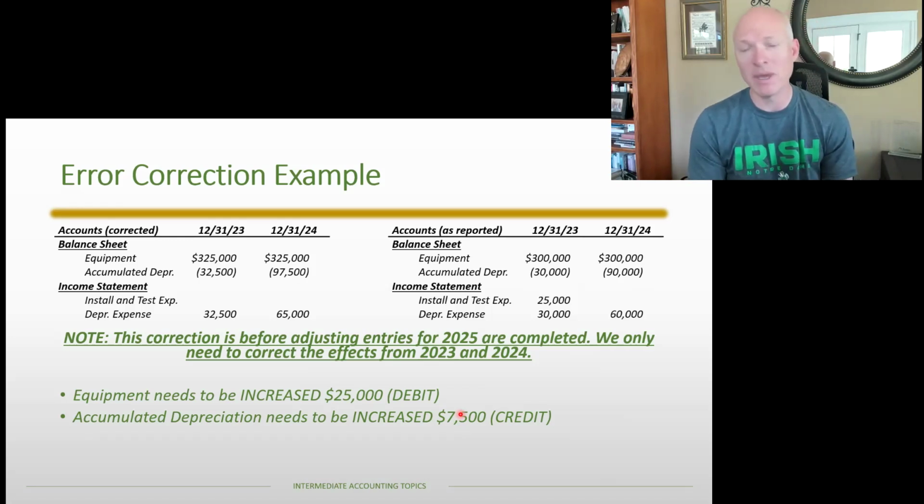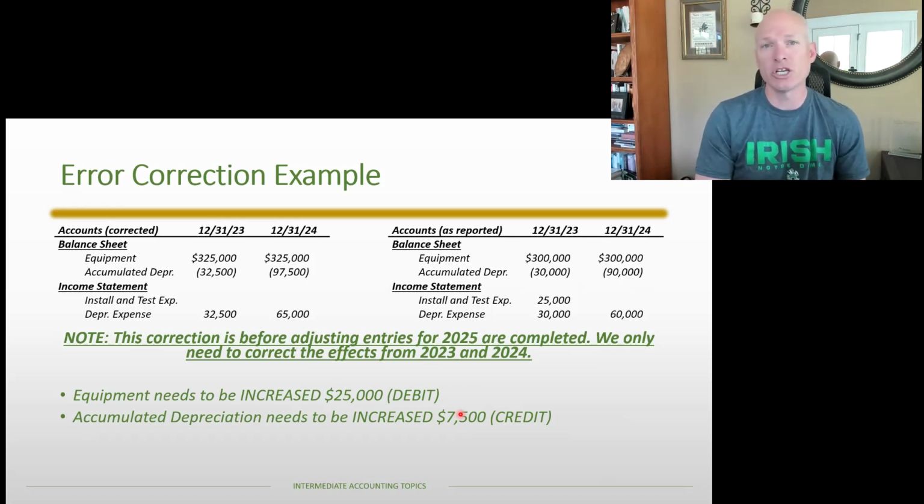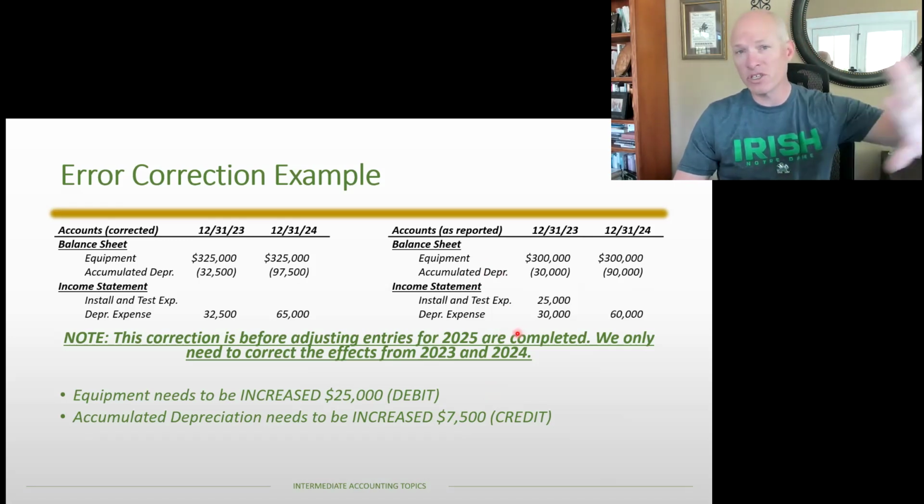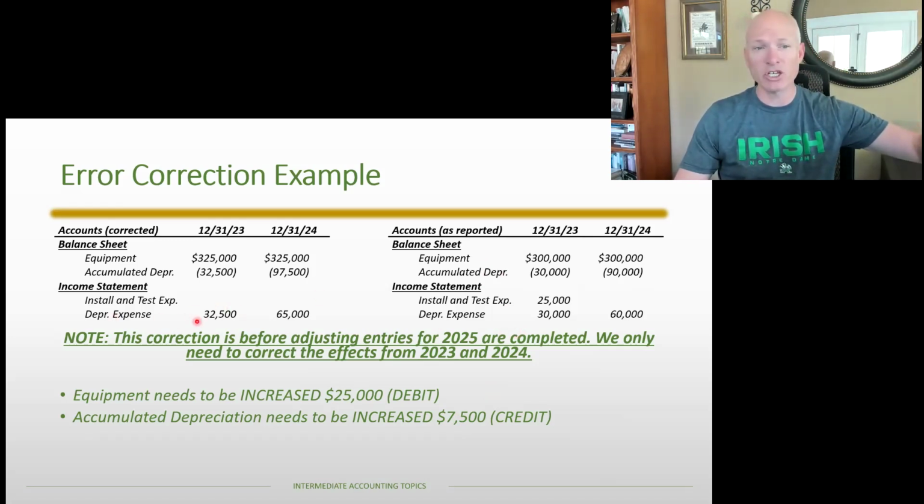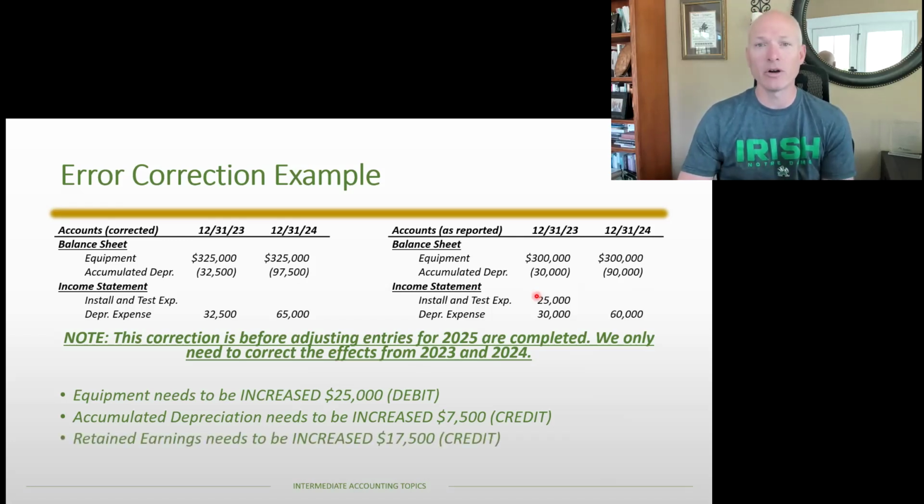Now, if we had been making some depreciation expense related journal entries, but had not closed out the depreciation expense account, then there would be a correction to depreciation expense. However, since all the mistakes that we made in terms of our depreciation expense and our installation and test expense have been closed to retained earnings, the correction is going to be to retained earnings.